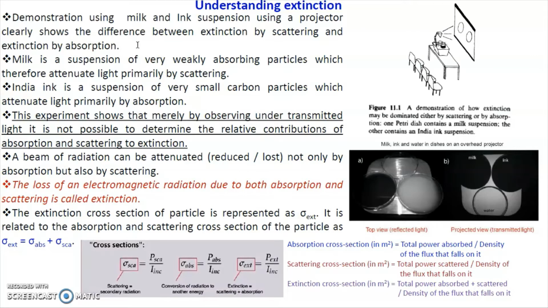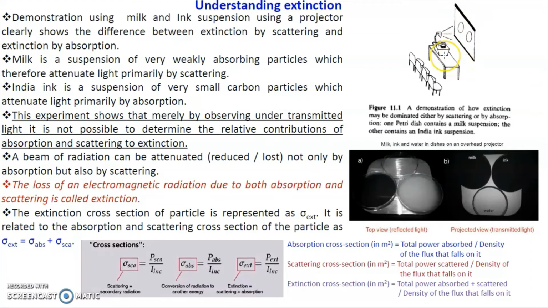So let us try to imagine this demonstration. Now you can see this figure. In this figure, this is chairs where all of you can sit, this is a table, and this is a projector. This is an optical projector, and you can see this is a screen.